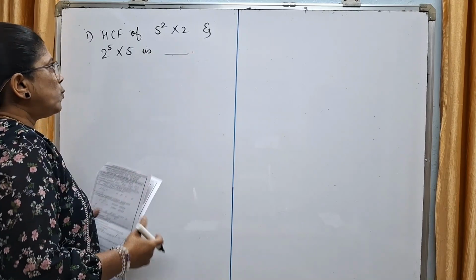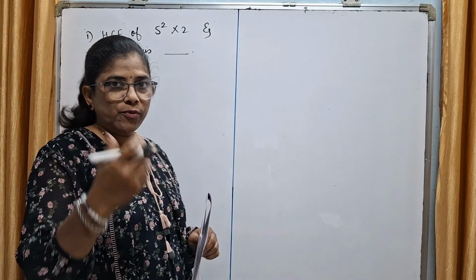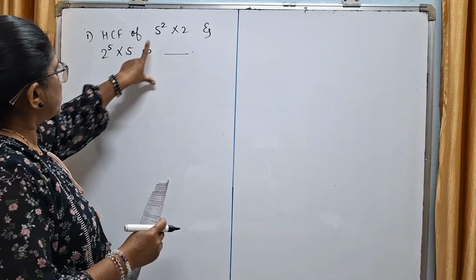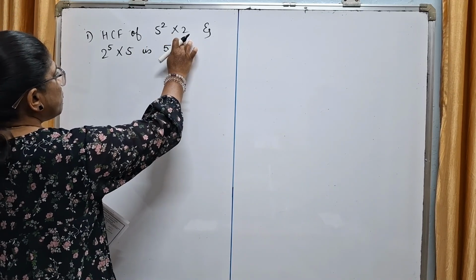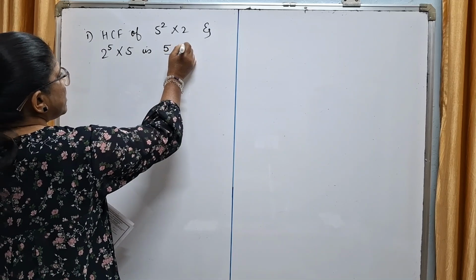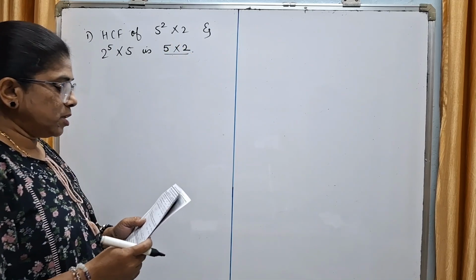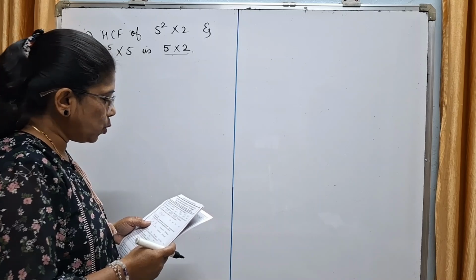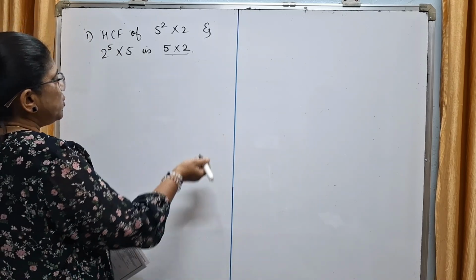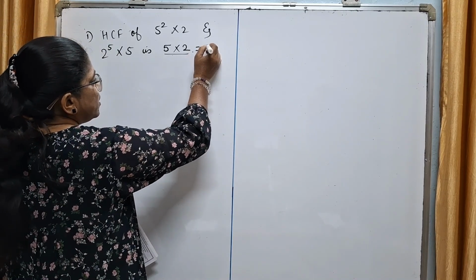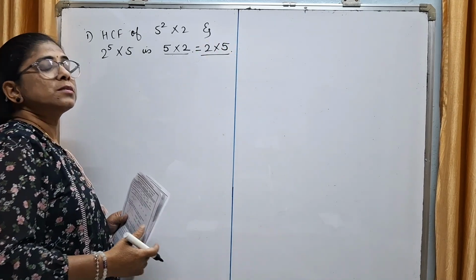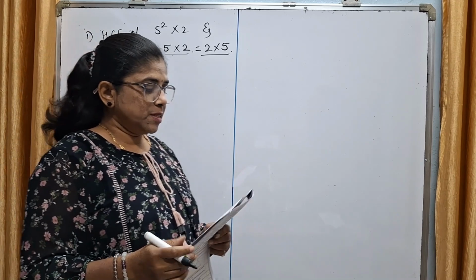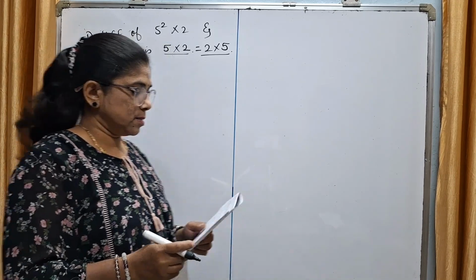Now we know that when we find the HCF, we take 5 to the power of 1, the smaller power, and 2 to the power of 1. So the answer is 2 into 5, or 5 into 2, which is one and the same. That means option A is the right answer.